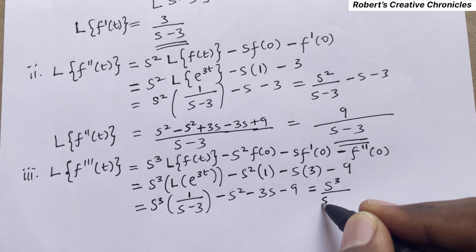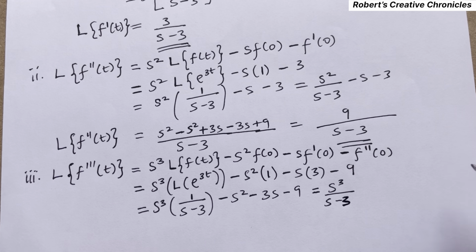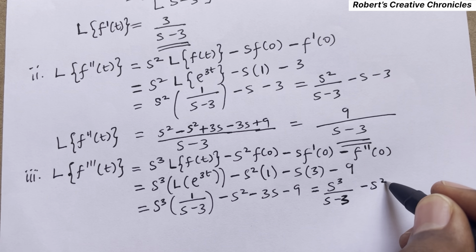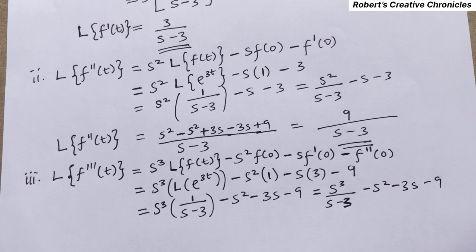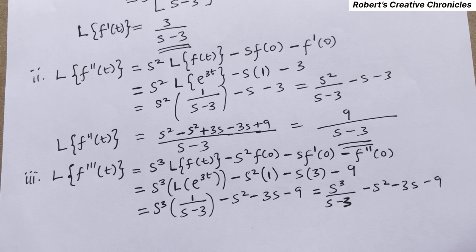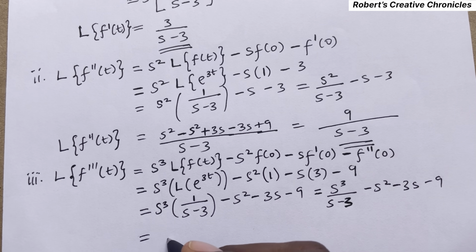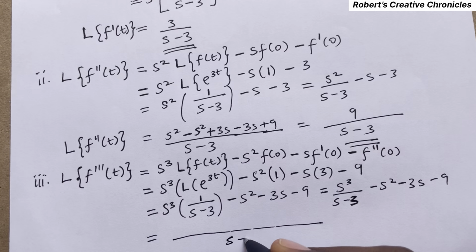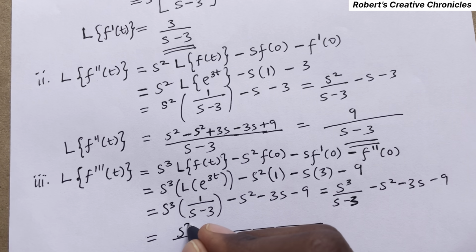S cubed over s minus 3 minus s squared minus 3s minus 9. So now we can find the LCM. The LCM is what? Is s minus 3. Here will be s cubed.